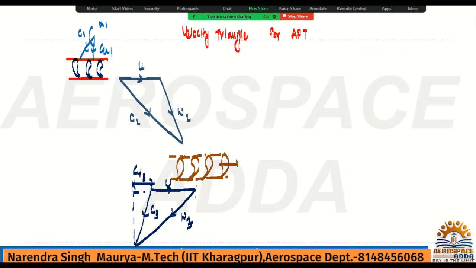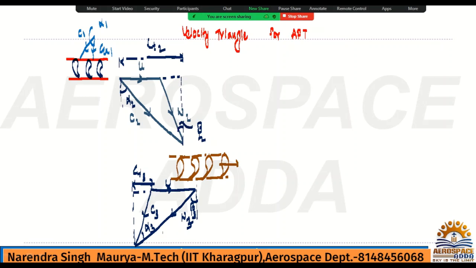Similarly here, from the axial, this relative velocity angle will be beta 3, and from the axial, this will also, you can write, this is the alpha 3, okay, and from the axial, this will be alpha 2, and from the axial, this is the beta 2, okay, and obviously this value will be the whole from here to here. This is CT2.